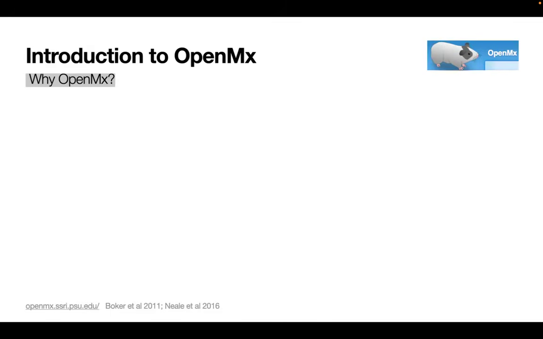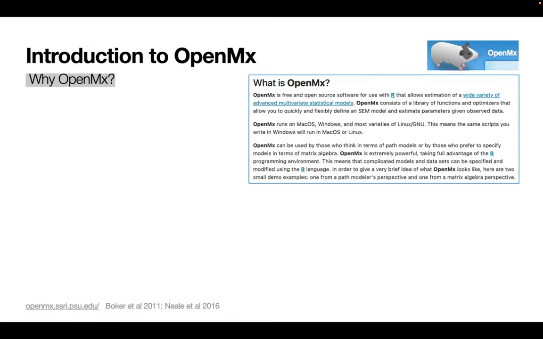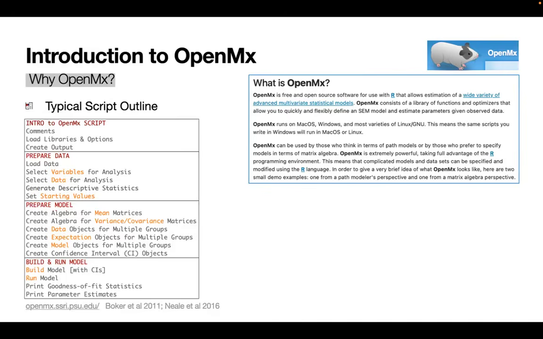Now that we know how to read a path diagram, let's provide a quick introduction to OpenMx. This is taken from the OpenMx website. What I do here is basically just introduce very simply the kind of structure or outline of a script that we will be using throughout, where we start typically with a little description of what our script is doing.